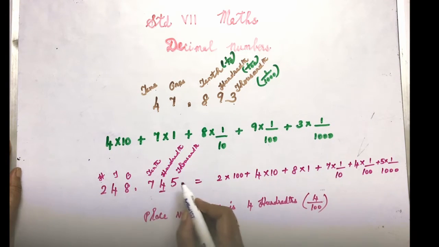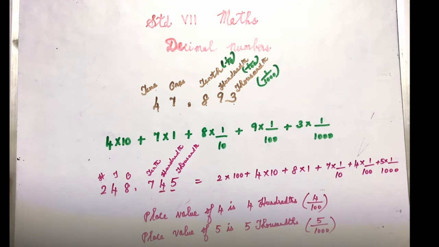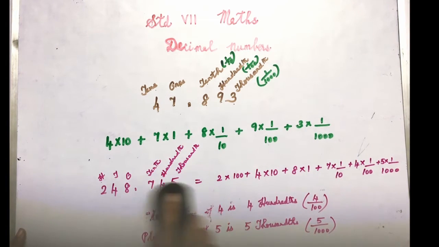If we want to write the place value of 5, the place value of 5 is 5 thousandths. The meaning of thousandth is 5 by 1000. Now we will represent the same number, 248.745, in a place value grid.